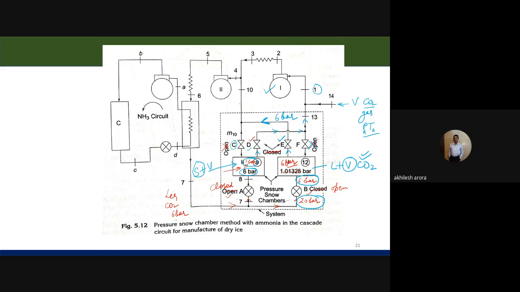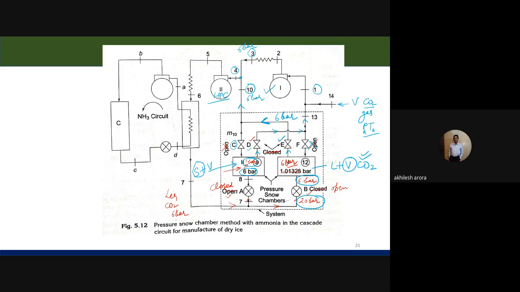Here at point number 10 you have the CO2 gas, and here also at point number 3 you have the CO2 gas which is at 6 bar. Both these CO2 gases at 6 bar will mix here, and at point number 4 we will get the mixture, and then it will be going to the high pressure compressor here. So this is how this system works actually.